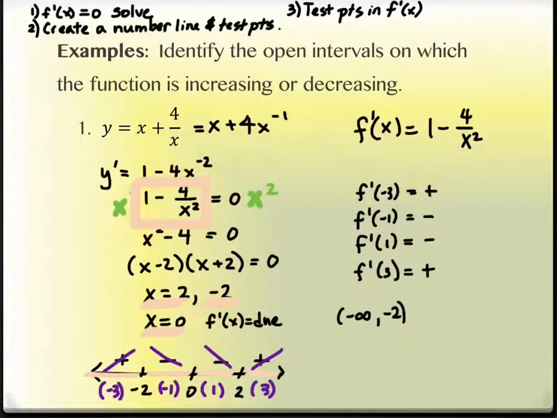I tested negative 3, but the interval went to negative 2. I have an interval from negative 2 to 0, an interval from 0 to 2, and an interval from 2 to infinity. So what is happening from negative infinity to negative 2? It's increasing, right?